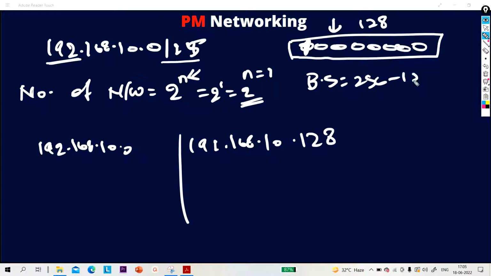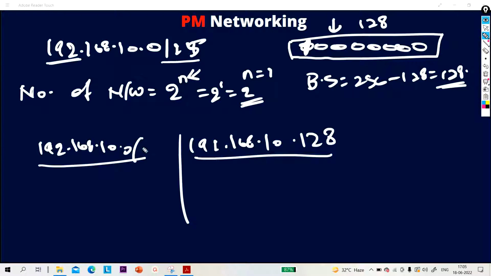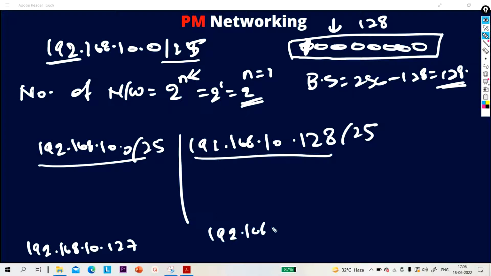So you get 128 over here. So your second network starts from here and your first network starts from here, both /25. What will be the last IP address of this network? 192.168.10.127, and the last IP address of this network is 192.168.10.255. Am I right?